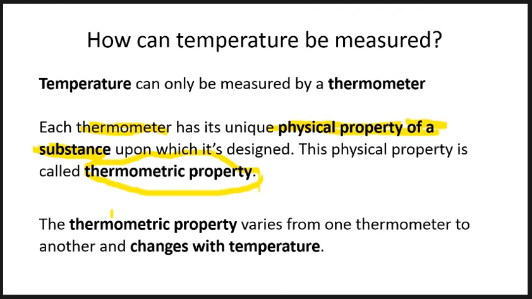The change in the thermometric property with temperature is usually assumed to be linear, it's meant to be straight, but not all thermometric properties in thermometers experience this. Some experience non-linear change with temperature. So that is the point I'm trying to drive at. Please take note of this key point: thermometric property changes with temperature.